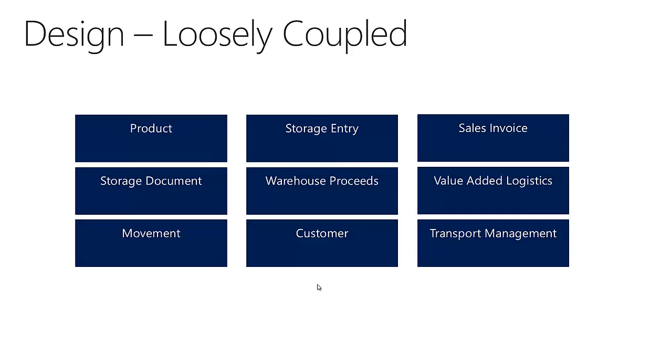And by creating storage entries, we could create warehouse receipts that can then be invoiced using the standard sales engine in Microsoft Dynamics NAV. And we would still have to create solutions from scratch for value-added logistics and transport management, which will then be interfaced back into our warehouse management solution.